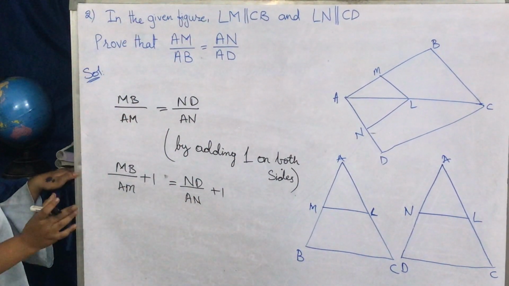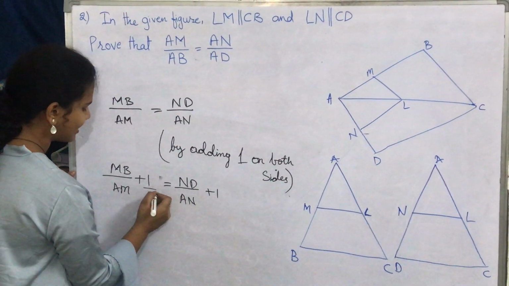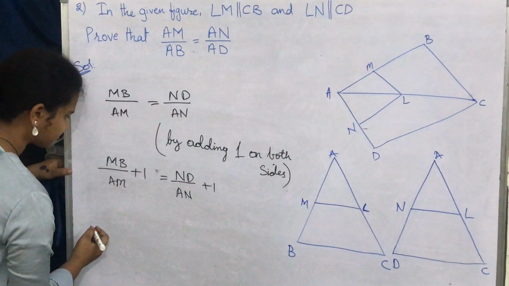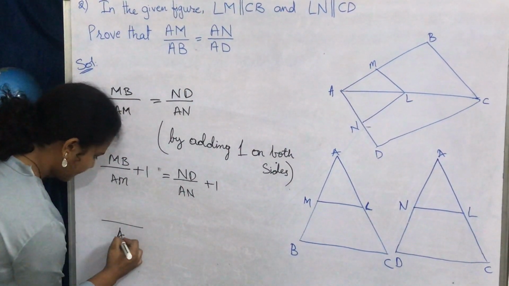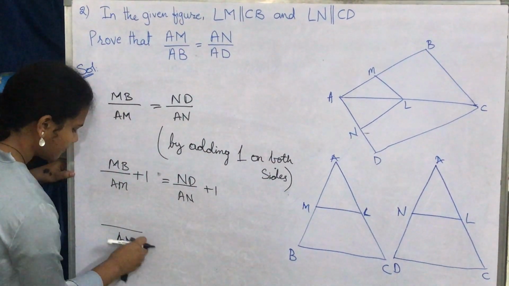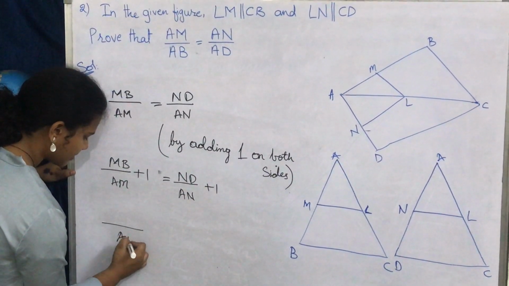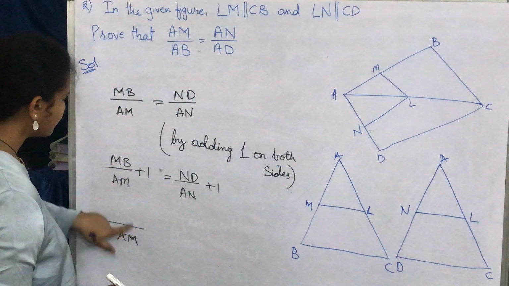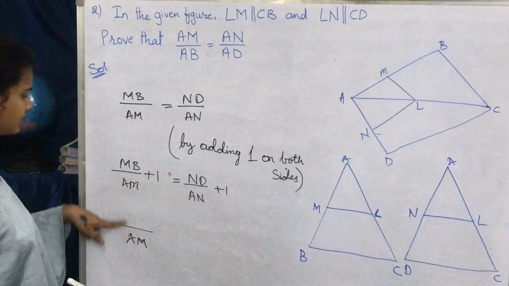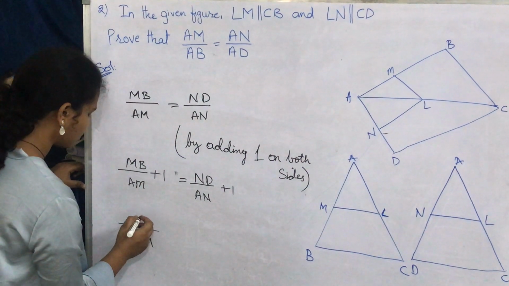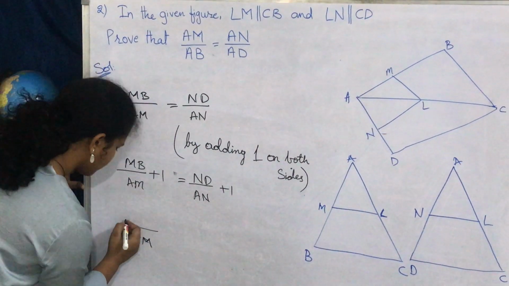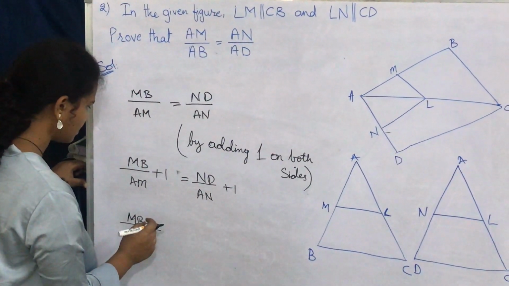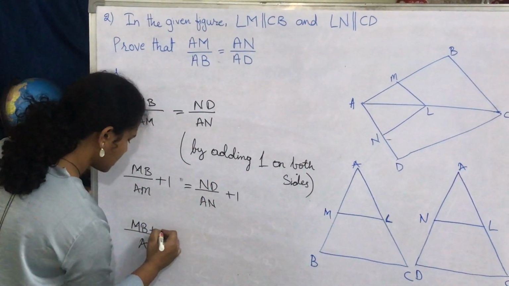Now take LCM, as here we don't have any value, so we can imagine 1 in the denominator. LCM for 1 and AM gives AM, where we can write AM. Now LCM into numerator by denominator, which gives MB plus AM.